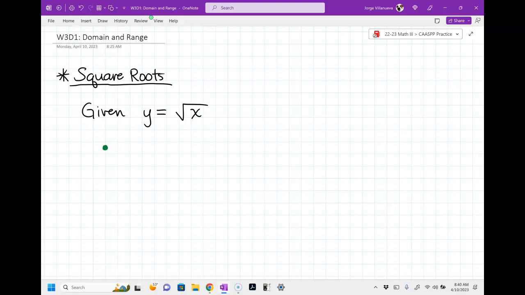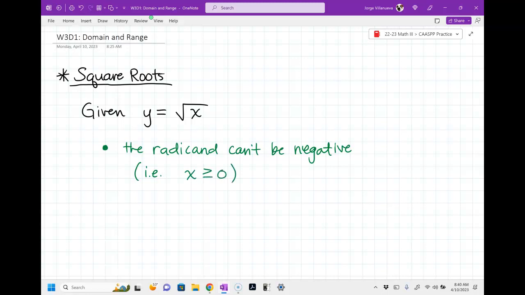So in other words, the radicand can't be negative. Okay, in other words, x has to be greater than or equal to 0.